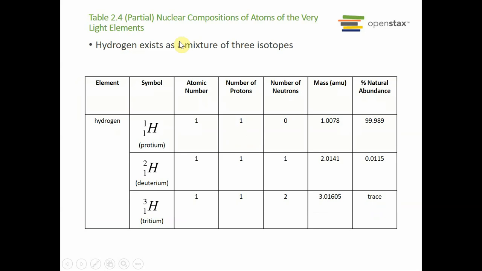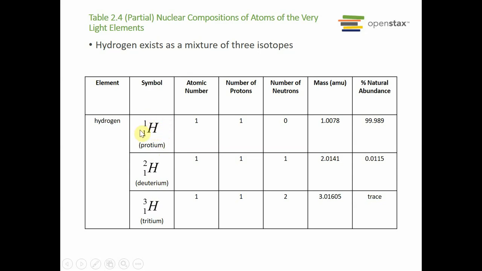Hydrogen exists as a mixture of three isotopes. This is the only element I know of in which they've actually given a different elemental name to the different isotopes, mainly because these isotopes are more different with hydrogen than they are with other elements, because it changes the mass substantially.